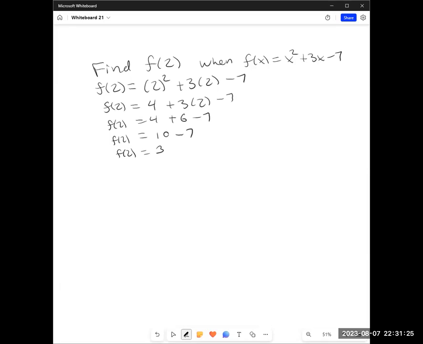Let's try sticking in a negative number this time. F of x equals x squared minus 5 divided by x plus 3. So let's stick in -1. Again, we're going to figure out our exponents first.